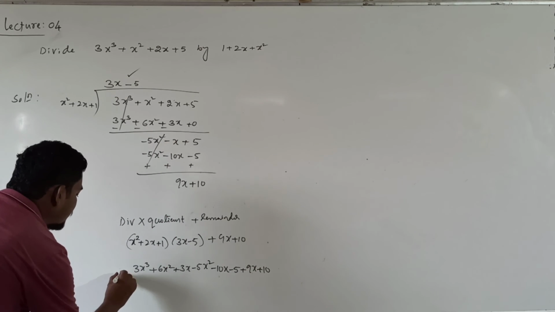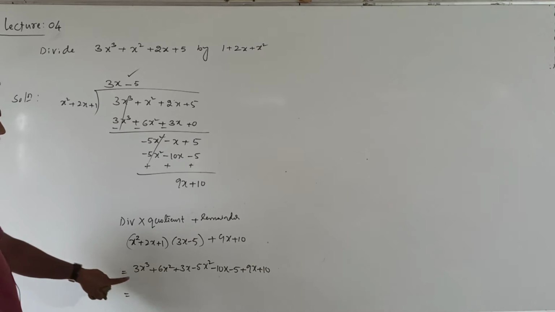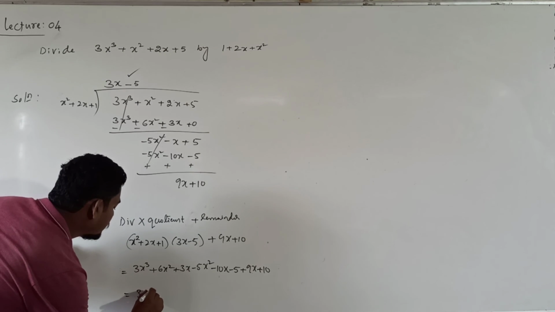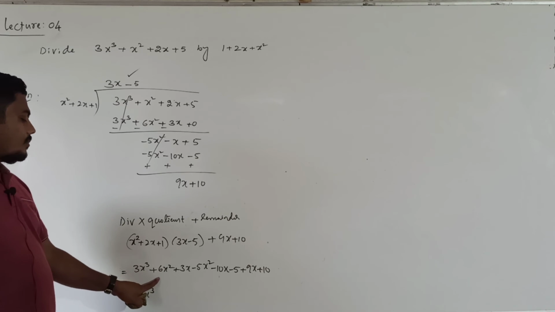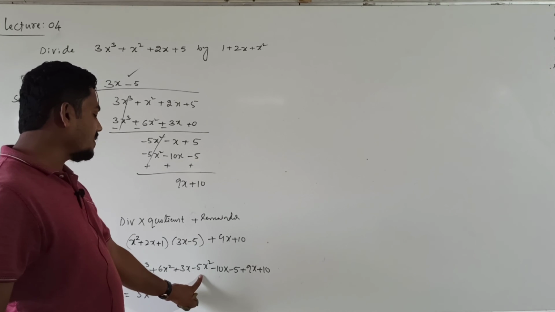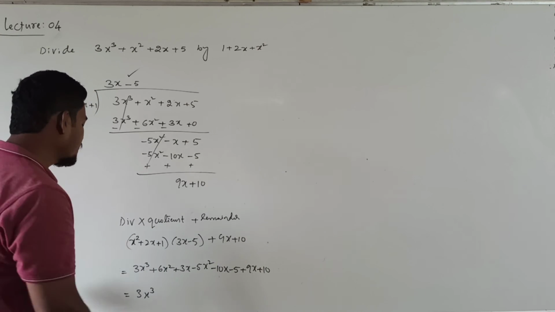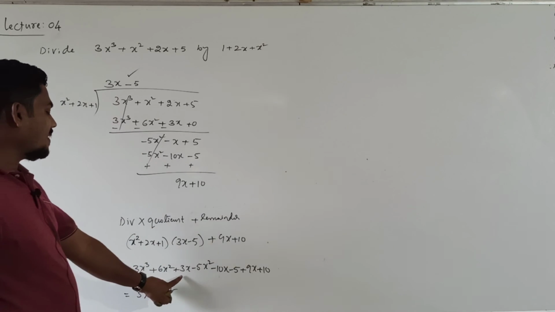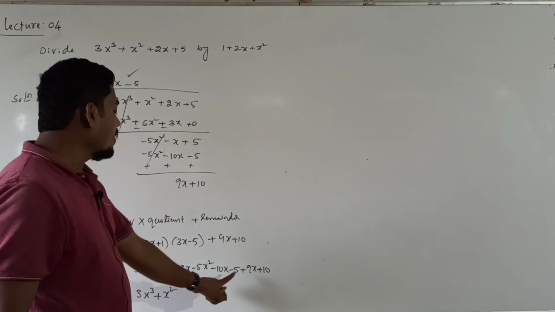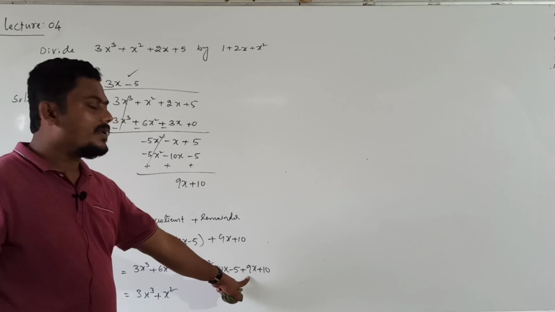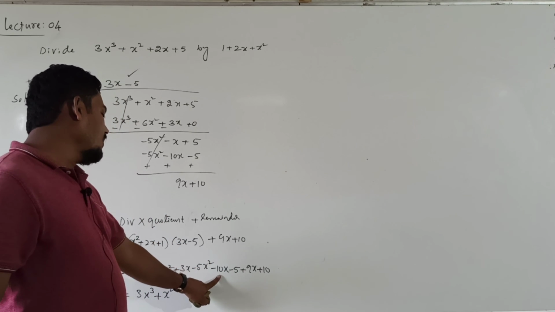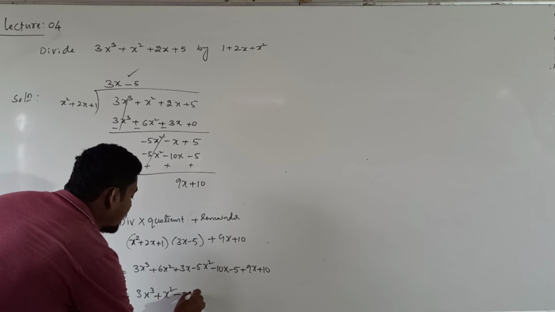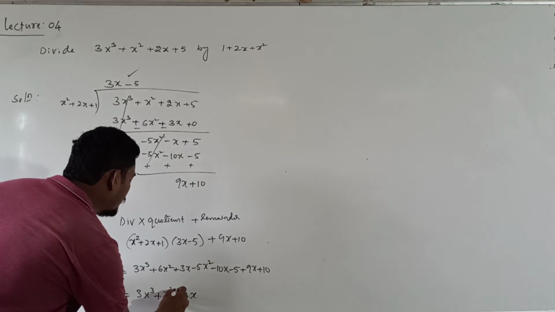Now simplification. 3x cube plus 6x square minus 5x square, that is x square. After that plus 3x plus 9x, it will be 12x. 12x minus 10x is plus 2x.